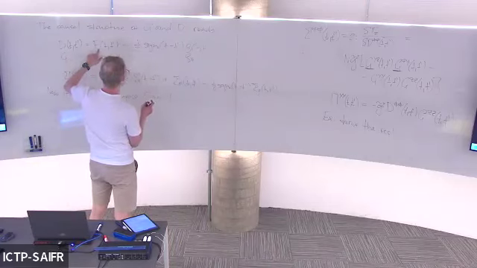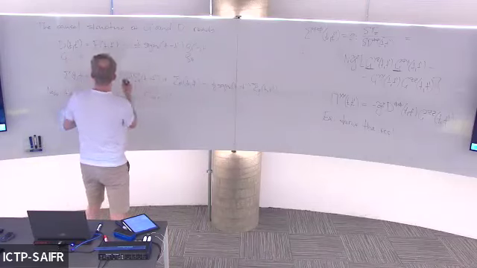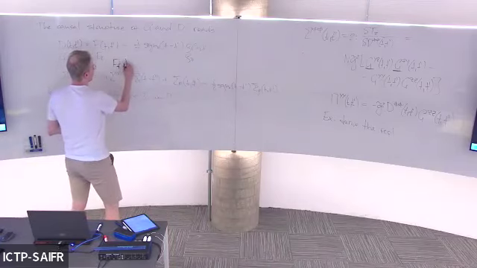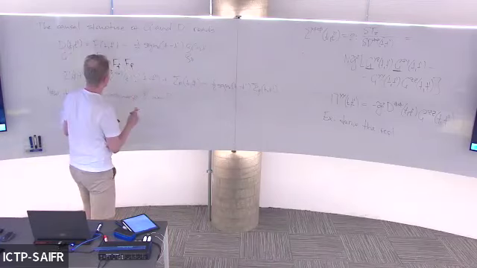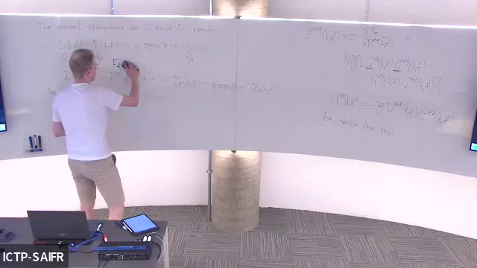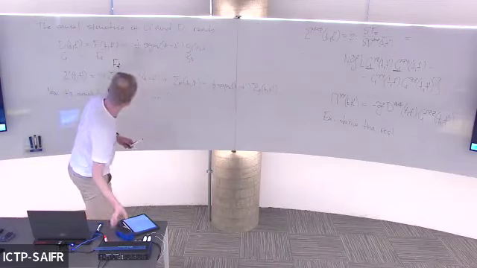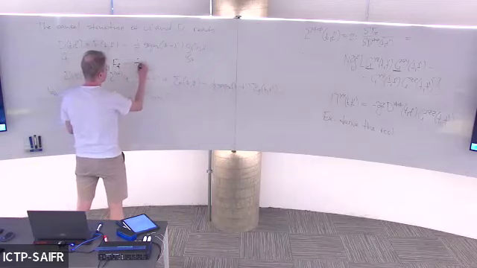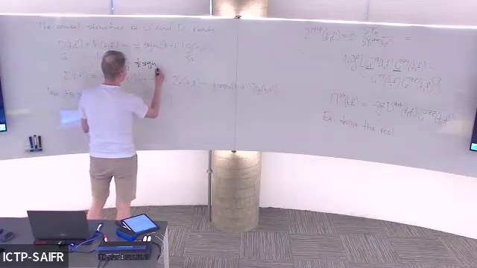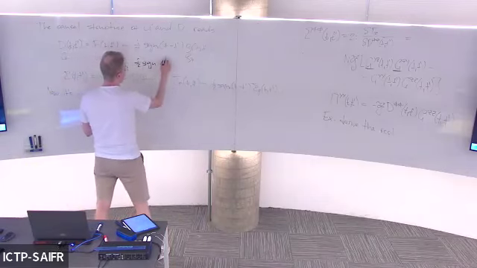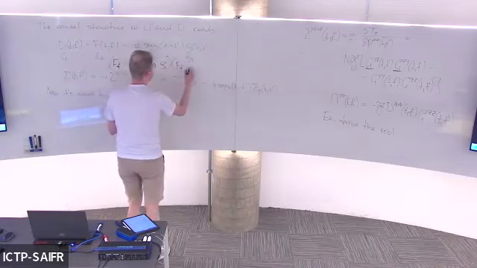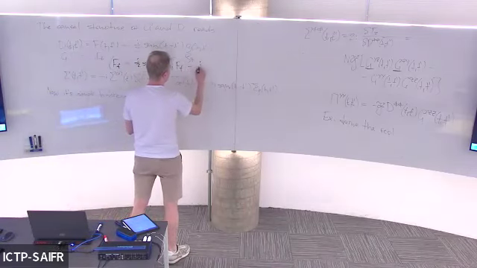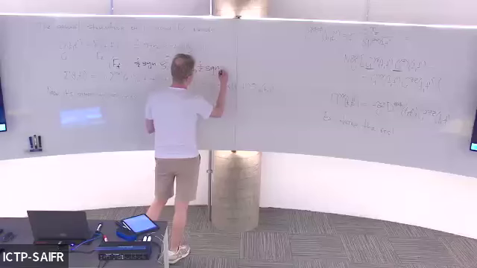So we would have F fermion minus i half signum rho, times F fermion minus i half signum rho.